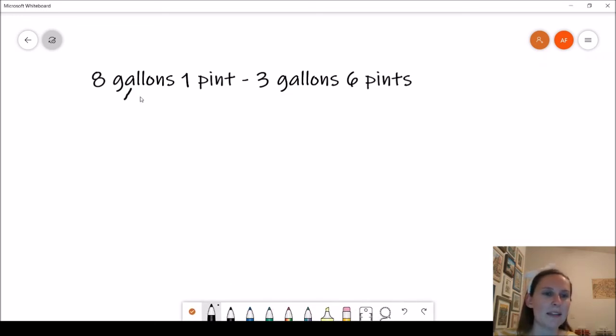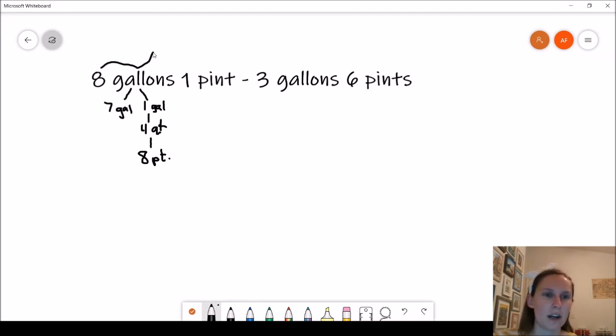My 8 gallons, like we did before, I can decompose into 7 gallons and 1 gallon, which I'm going to unbundle. So this 1 gallon I can unbundle for 4 quarts. But I'm not done because I'm trying to subtract pints. These 4 quarts I can convert into 8 pints. So this 8 gallons, I was able to decompose as 7 gallons and 8 pints.